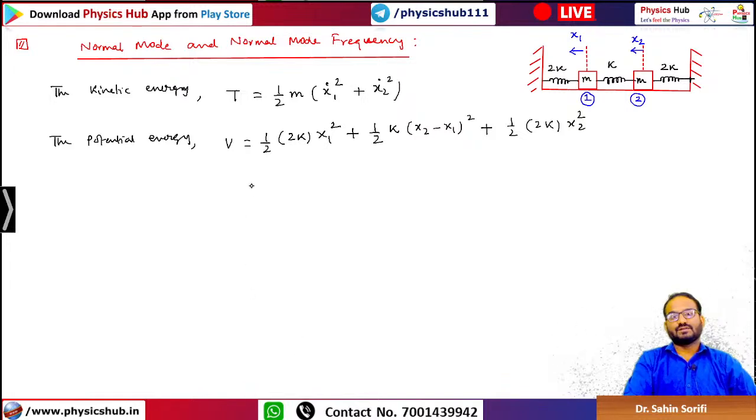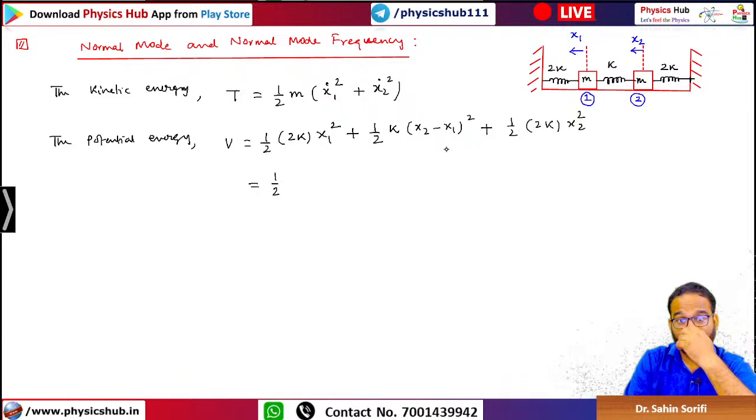If you simplify a little bit, taking half common, half into 2k x1 square, and from here you will get 1 x1 square.